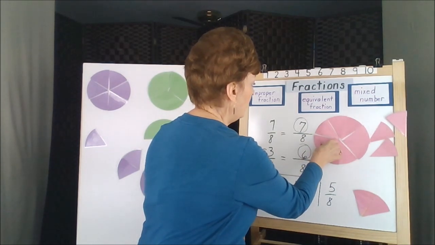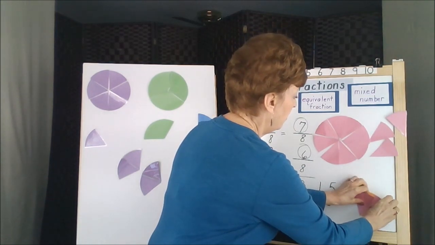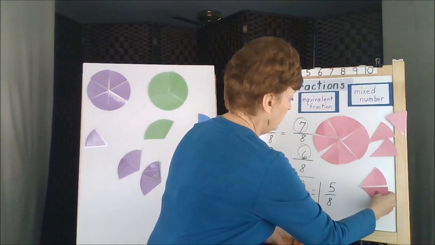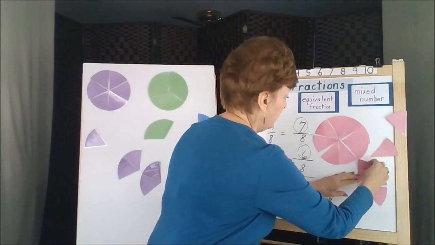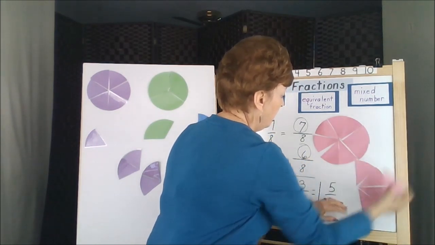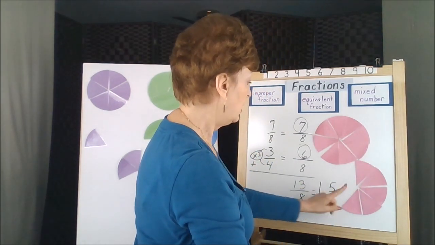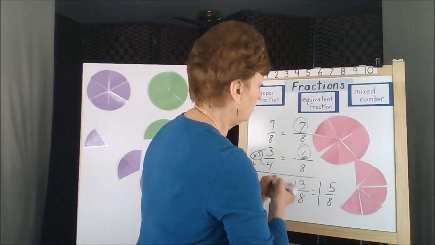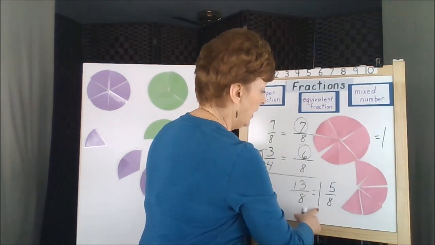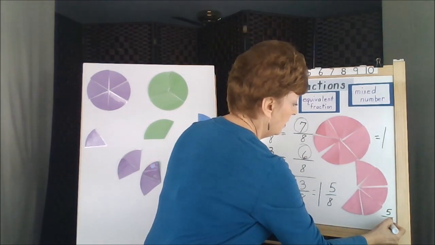That gives me my one whole circle with 1, 2, 3, 4, 5 pieces left over. Do you see how this does not make a full circle? So I have one complete circle. This is 1. That's how I got my whole number. And 1, 2, 3, 4, 5 eighths of another.